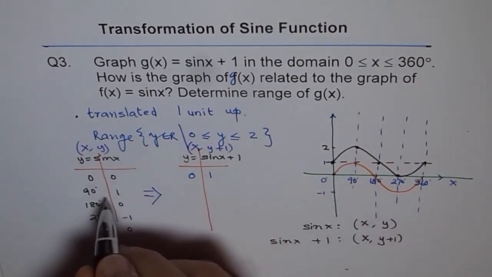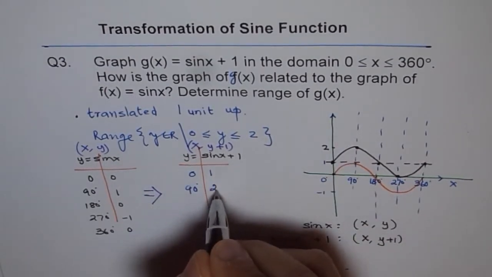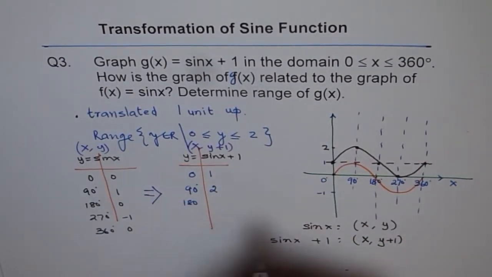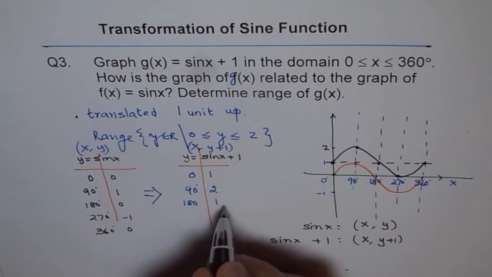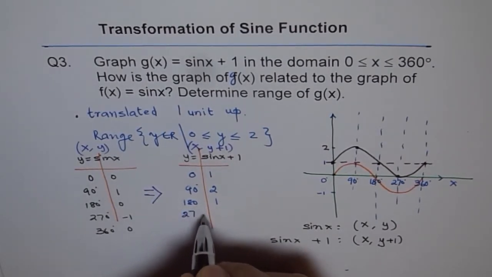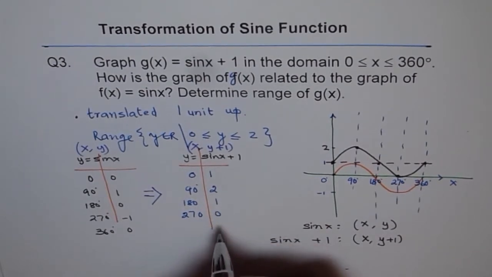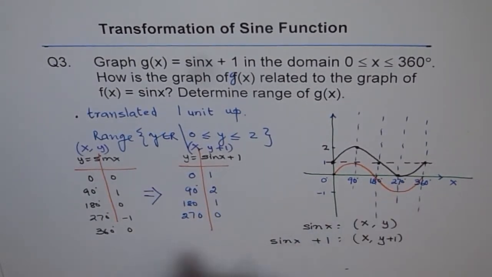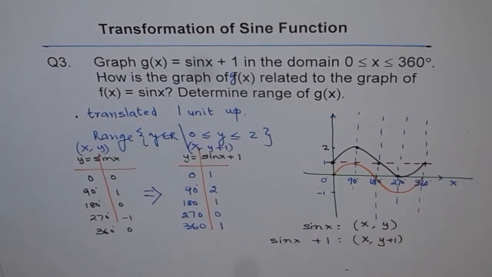Correct? Maximum is now 2, not 1. At 180 degrees, we no longer have the x-intercept. The value at 180 degrees is 1, 0 plus 1. Similarly, 270 degrees, although it remains the minimum, has the minimum value 0, not minus 1. And at 360 degrees, we get 1 as the value. Do you see that? So that is how the points get translated, right?